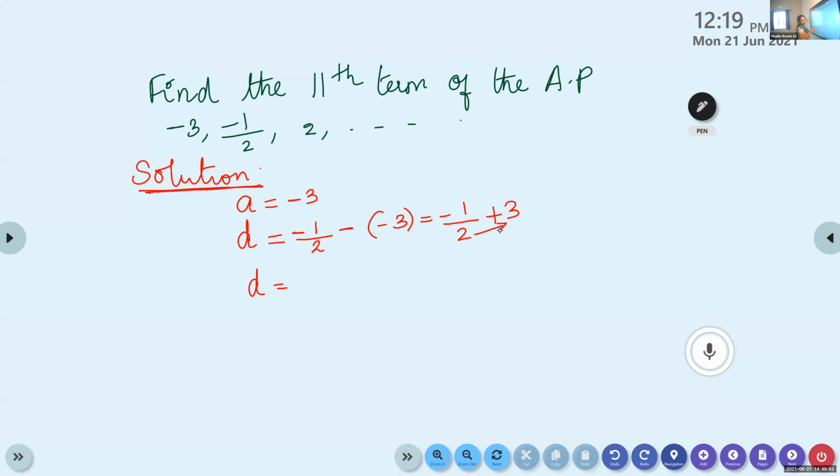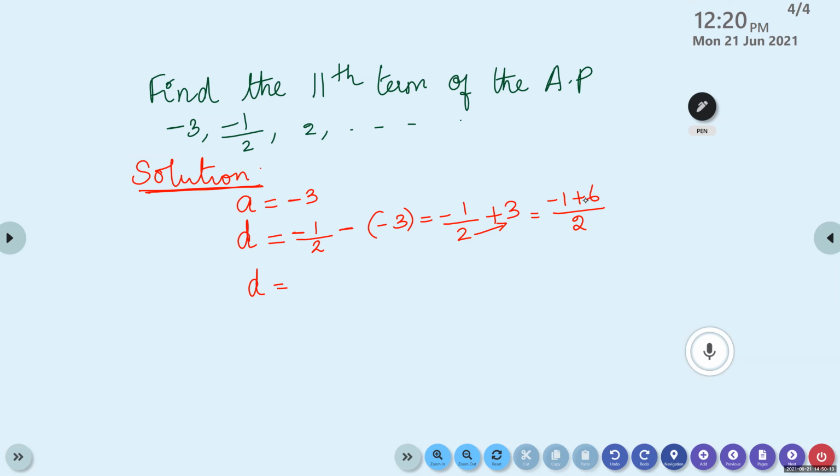So the common difference is, how will you get 2 by 3? Minus 1 plus 3 by 2. Yes, you have to find the LCM. When you take the LCM, you'll get 2, isn't it? So minus 1 plus 6. What is the answer?